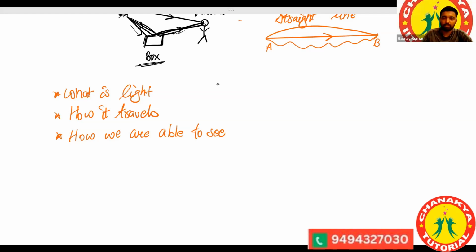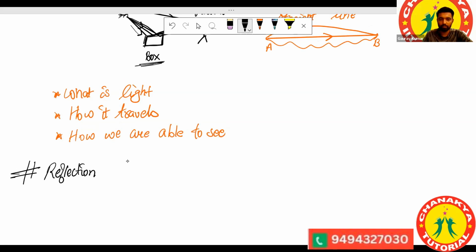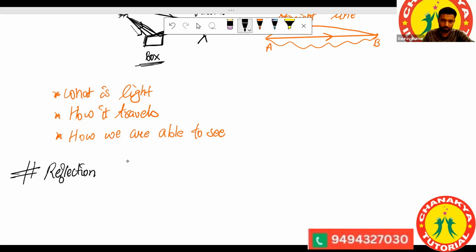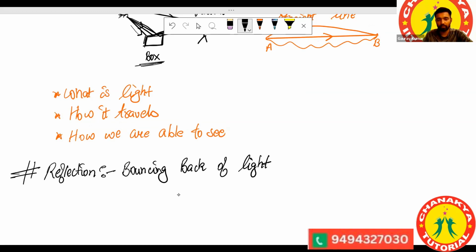So now let's understand what is reflection. We have discussed what reflection is. Can anyone repeat what is reflection? Bouncing back of light. Okay. Bouncing back of light is known as reflection.